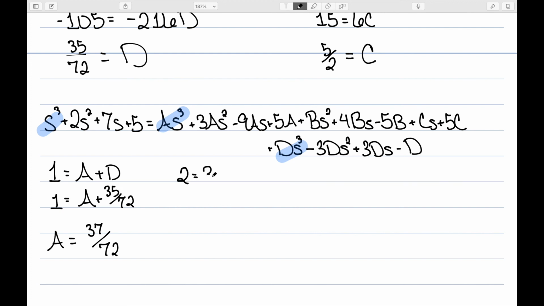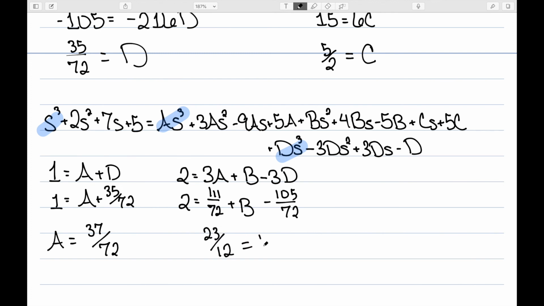The right-hand side has 3A plus B minus 3D. I already know what both A and D are. So this gives me 111 over 72 plus B minus 105 over 72, which simplifies to B being 23 over 12.